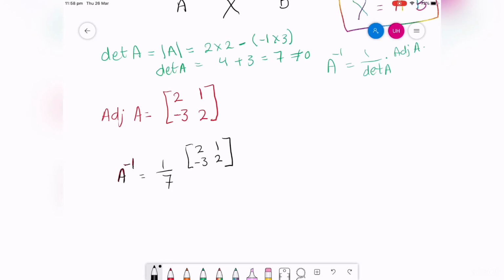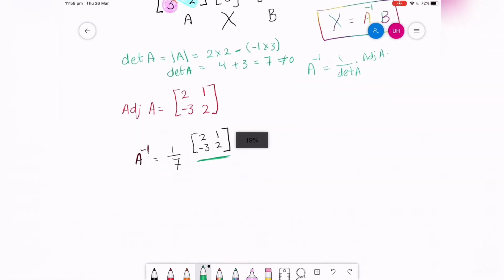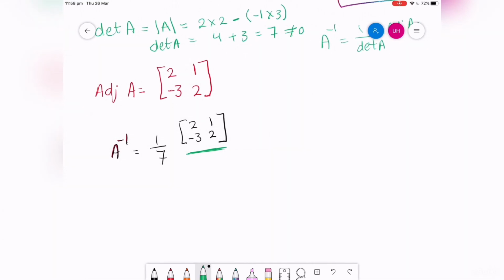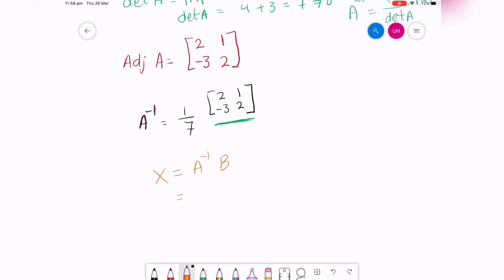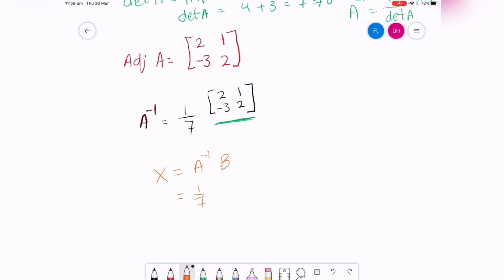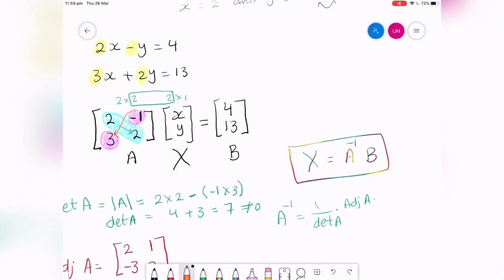I'm not going to put the 1 over 7 inside the matrix because I will need to multiply this matrix with B. I will use the expression X equals A inverse B. That means I will use A inverse, which is 1 over 7 times 2, 1, minus 3, 2, multiplied by B, which is 4 and 13.